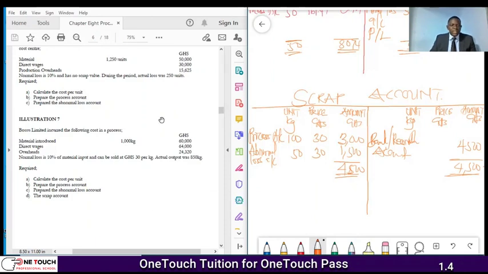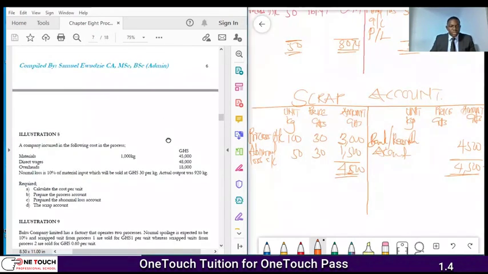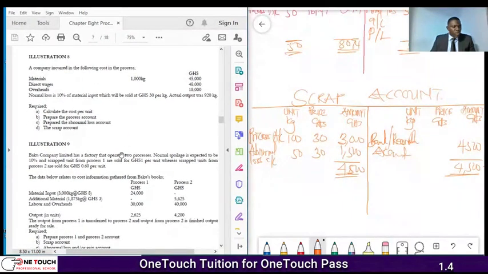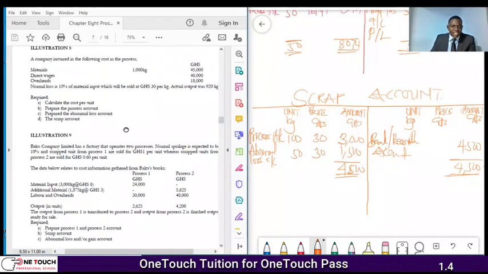Now let's look at some further examples. Let me see illustration 8. Okay, question 8. We have 1,000, 10%, that would be 900, and we have 920. Okay, so to prepare the loss account. Let me look at illustration 9, which is more comprehensive in nature because you have two processes. This is just one.